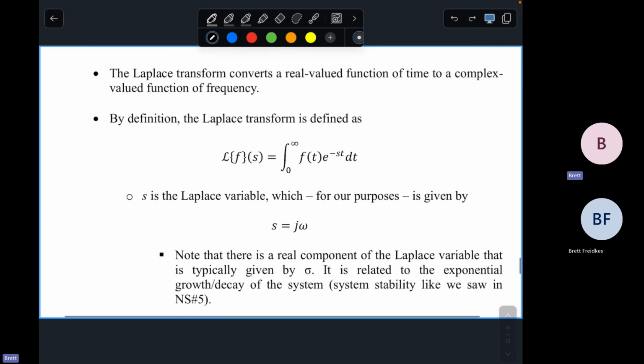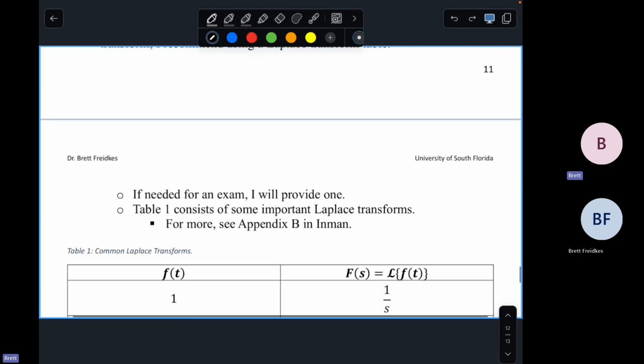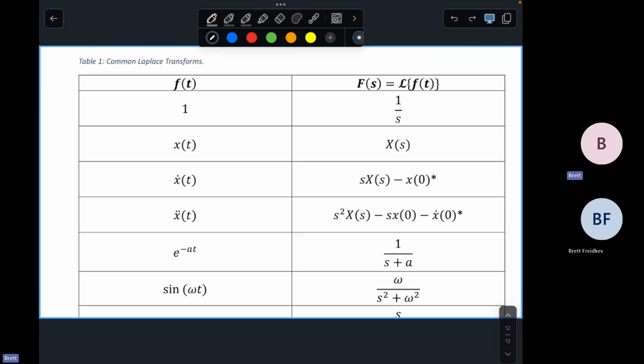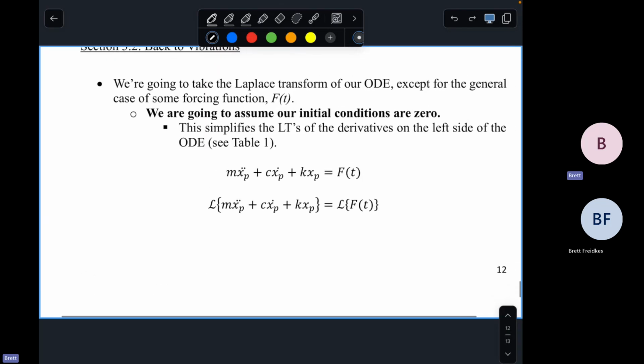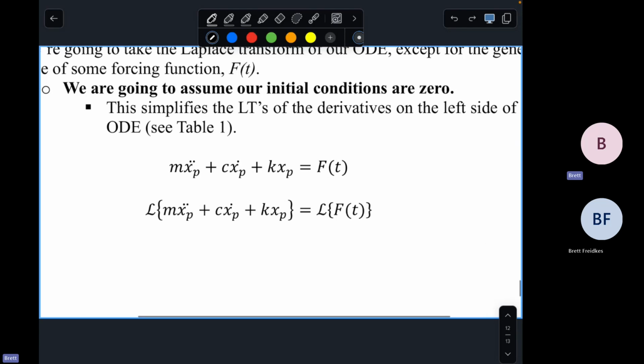But the general idea is that if you take the Laplace transform of both sides, I will give you these Laplace transforms, at least the ones you'll need for the exam. We will see a lot more of this on exam 3, Laplace transforms, but for now, we're just going to limit it to a few of these. But what you'll do is you'll take the Laplace of both sides. And again, I give you the tables for what the Laplace of each of those terms are.